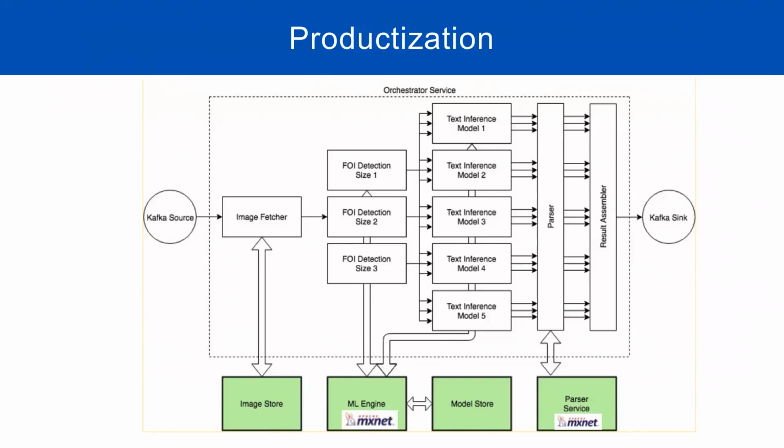The MXNet model service takes a model in, takes the data in, and spits out the output of what you're asking for, based on the stage in which you are parsing that particular receipt. We created a model store, which is part of our machine learning platform, and the parser microservice also, which leverages the MXNet service.